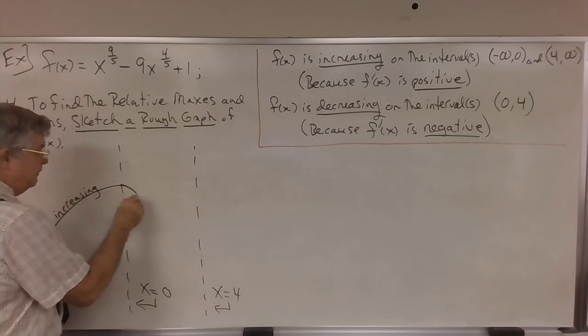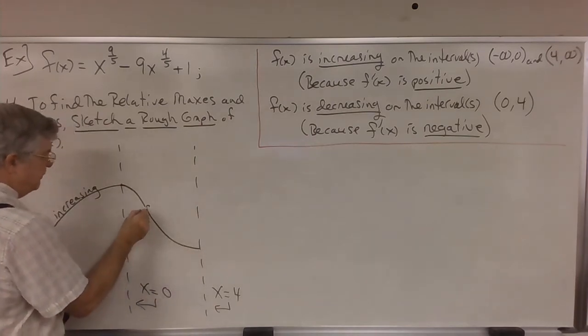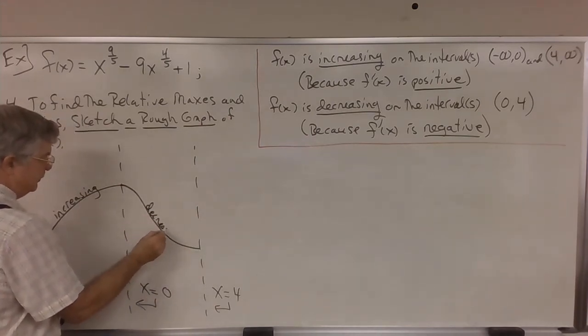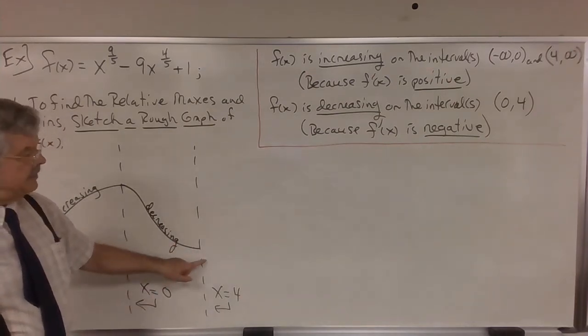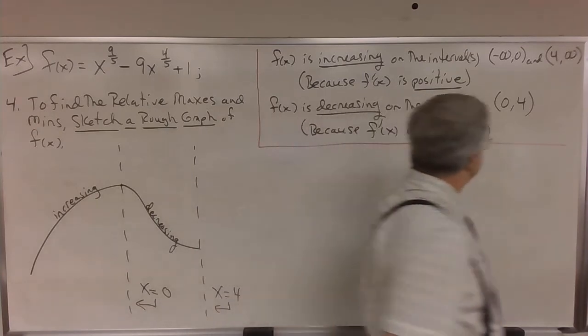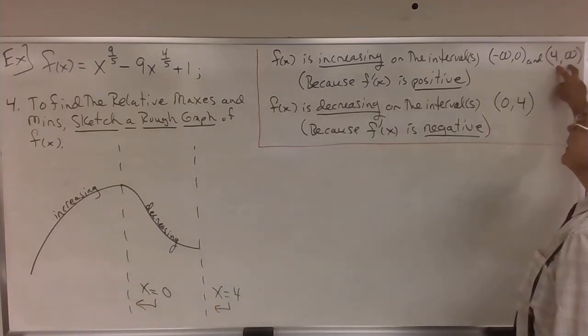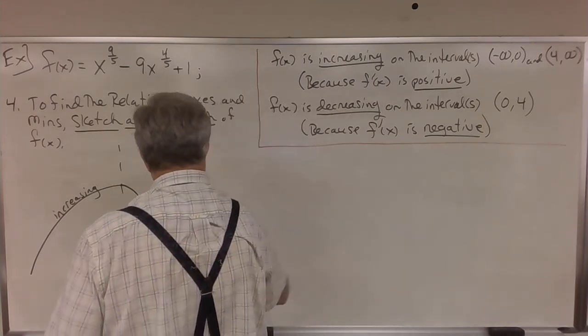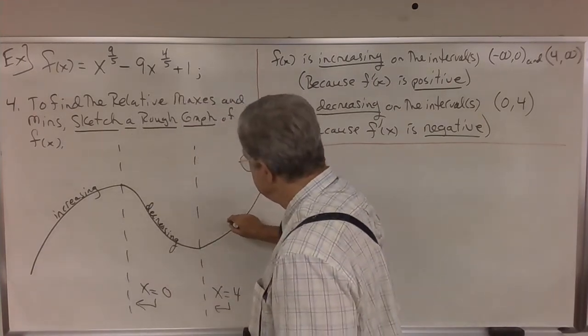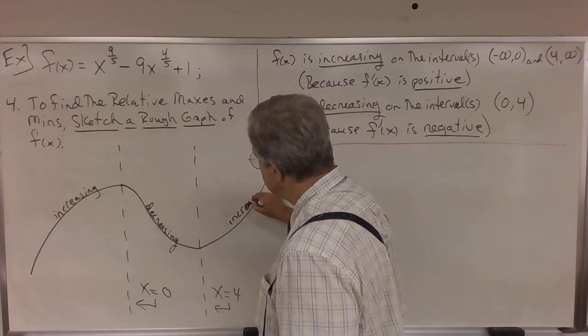And a decreasing function goes downhill from left to right. And then from x equals 4 to infinity, f of x is increasing again. So the graph goes uphill, increasing.